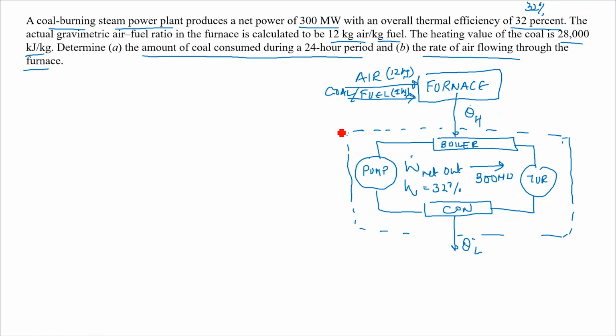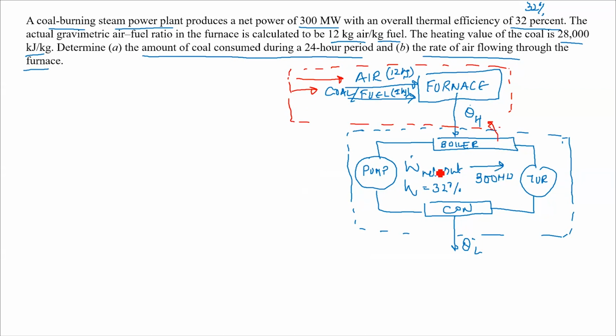The essential thing is you are interested in the amount of coal consumed and the rate of flow of air. So essentially you are interested in this region of your diagram. Now if you are interested in this region, you have to move towards this region.